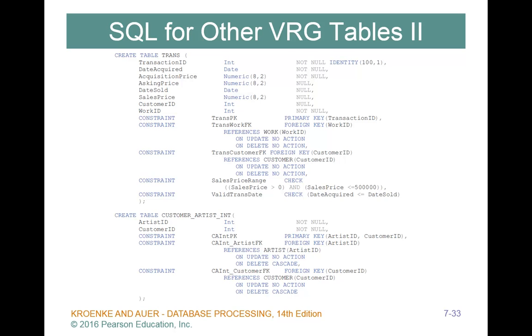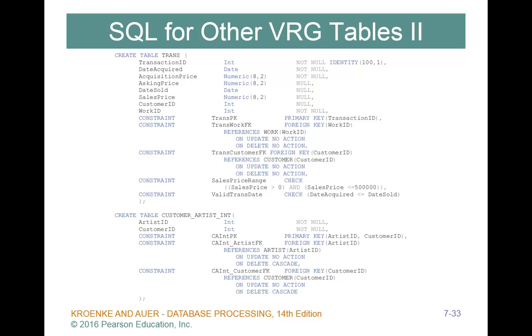And then for the transaction date, we make sure that the date acquired is less than or equal to the date sold. So we're validating the transaction date, and then validating our sales price with these two check constraints in that particular table. Everything else should be self-explanatory in regards to what you see.